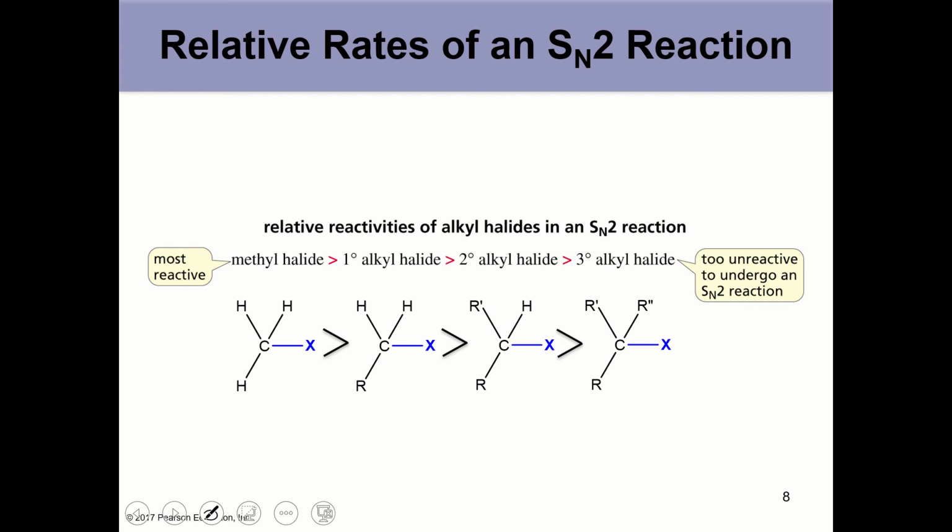So tertiary alkyl halides will not undergo SN2. Methyl halides, primary alkyl halides, and sometimes secondary alkyl halides will undergo SN2, but tertiary alkyl halides will never undergo SN2 reactions. Okay?